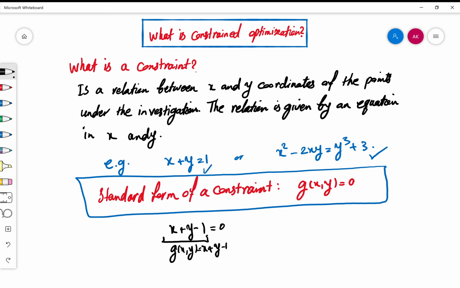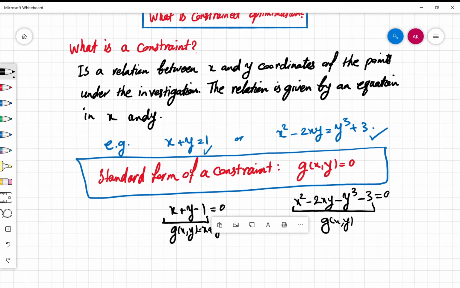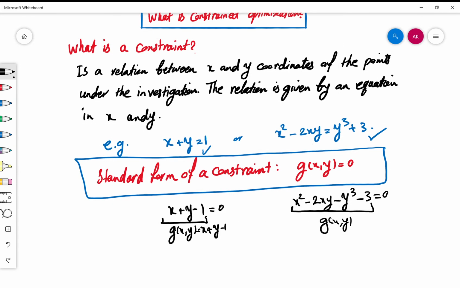Or in the other one, you can write x squared minus 2xy minus y cubed minus 3 equals 0. So in this case, that g(x, y) is x squared minus 2xy minus y cubed minus 3, and we always try to set everything equal to 0. We'll get back to that and see how we can work with this.